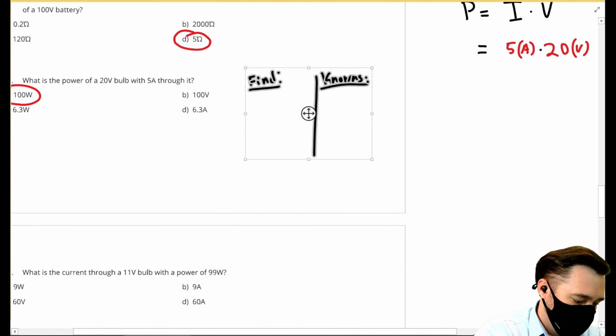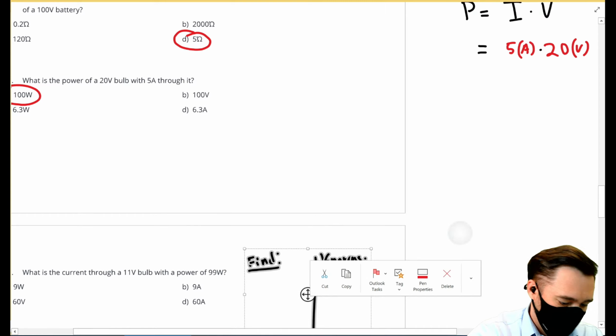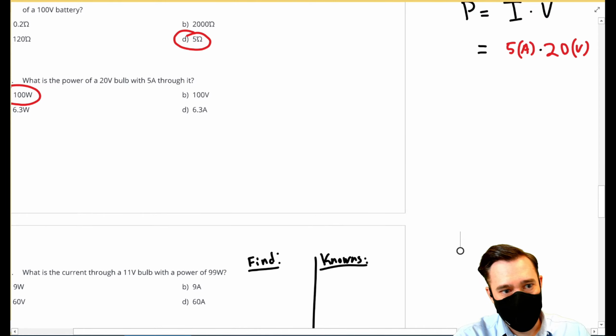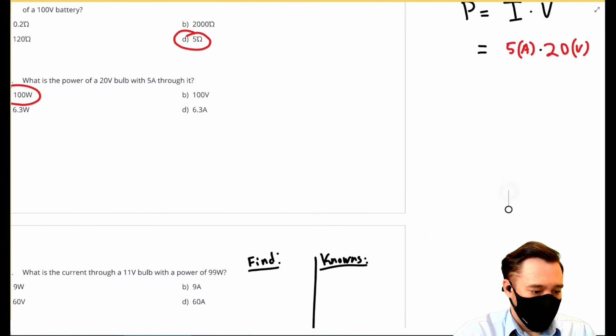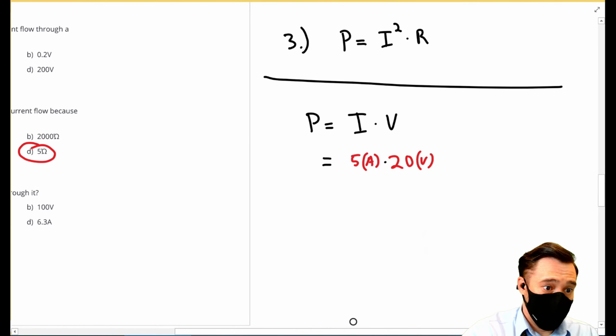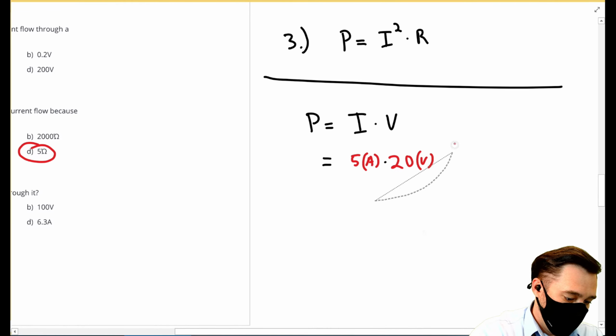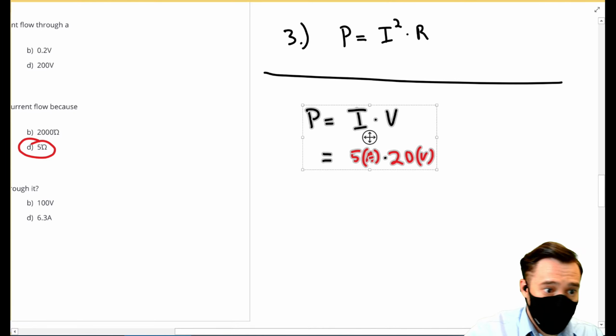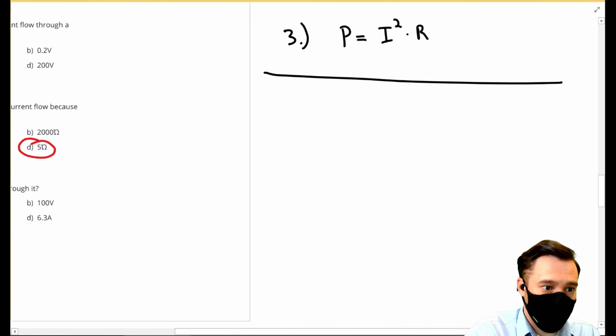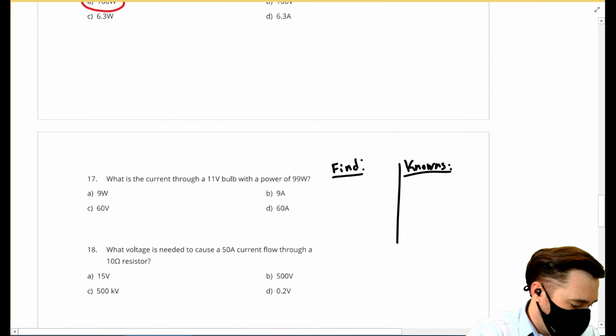Doc Brown from Back to the Future. Please tell me you guys know what Back to the Future is. If you don't know Back to the Future, I failed you. Okay, good.